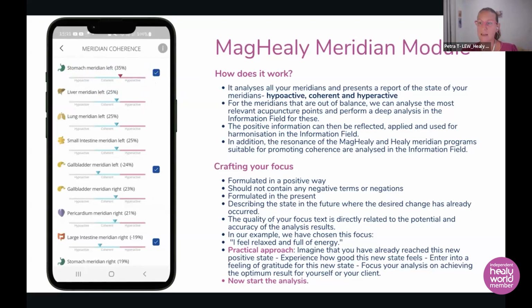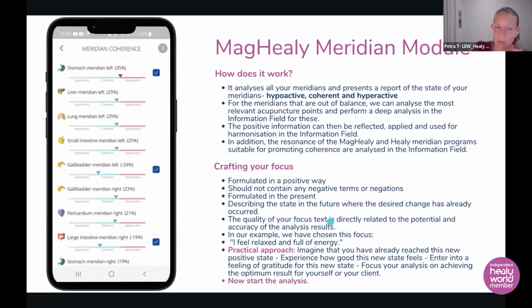So if it's underactive, there's not enough energy going in. If it's overactive, it means there's too much energy being used and it's not being replenished. So if you are doing and overdoing, sooner or later, you are going to deplete the energy in that meridian and it's going to move into underactive. So just have that in mind.